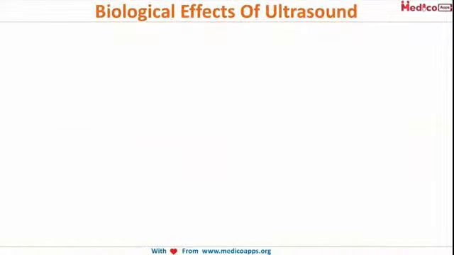Now let's see biological effects of ultrasound. Biological effects of ultrasound refer to the potential adverse effect of the imaging modality on the human tissue. These are primarily via two main mechanisms, that is thermal effect and, apart from this, mechanical effect.